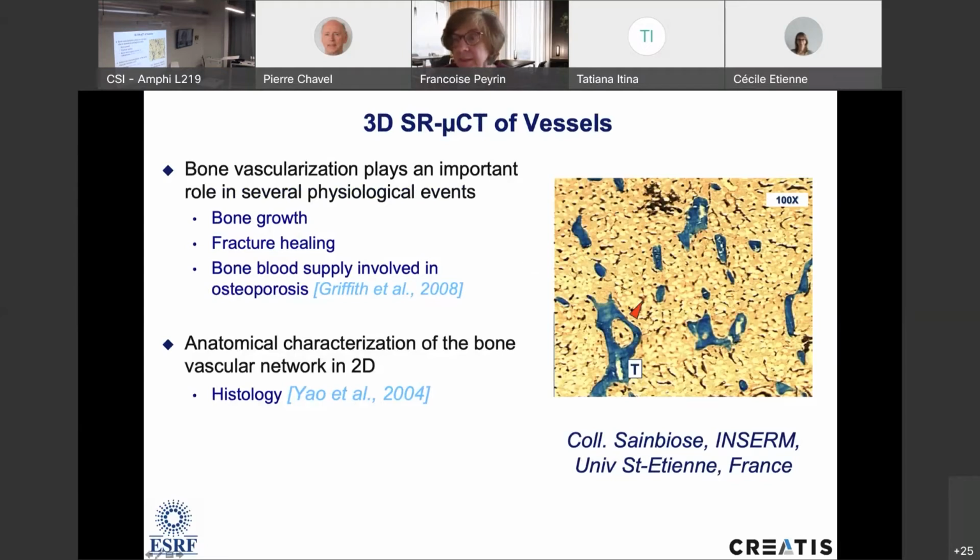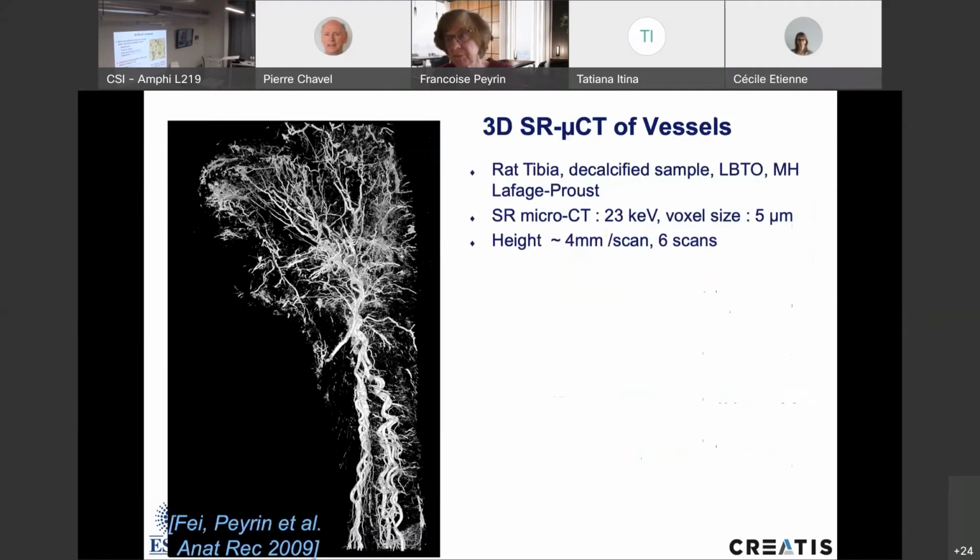But in this case, you have only a 2D image, and it's more difficult to see the vascular structure in 2D. So we did some work with Marie-Hélène Lafage-Proust in Saint-Étienne to first image the 3D vessel network in decalcified rat tibia, after injecting a contrast agent, because the vessels have no contrast in X-ray because they are not absorbent.